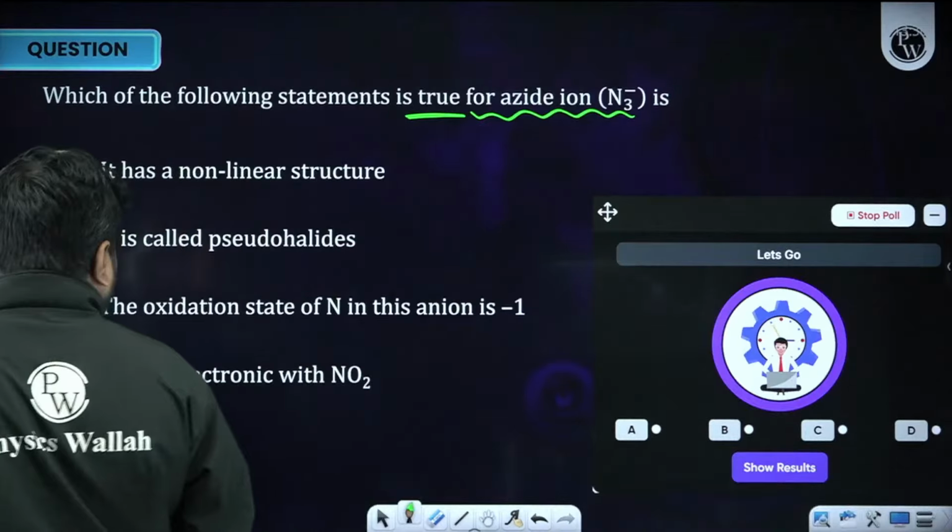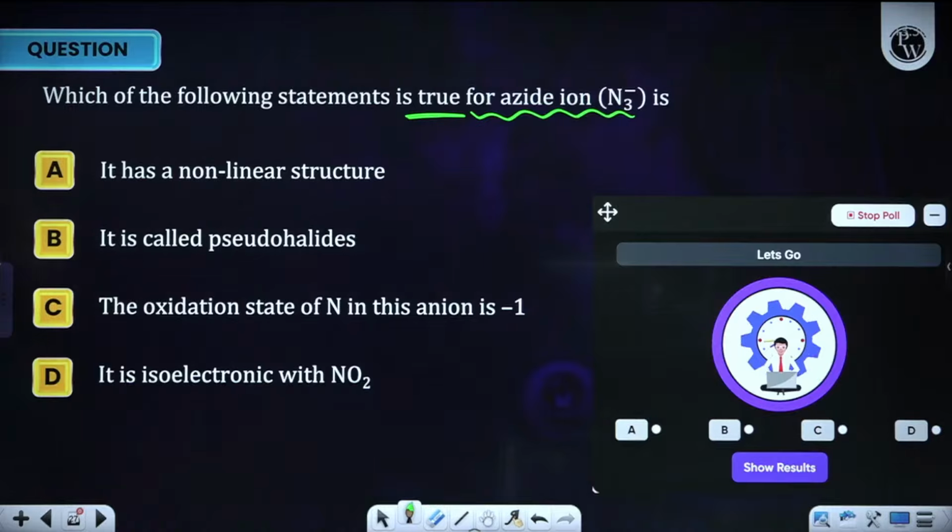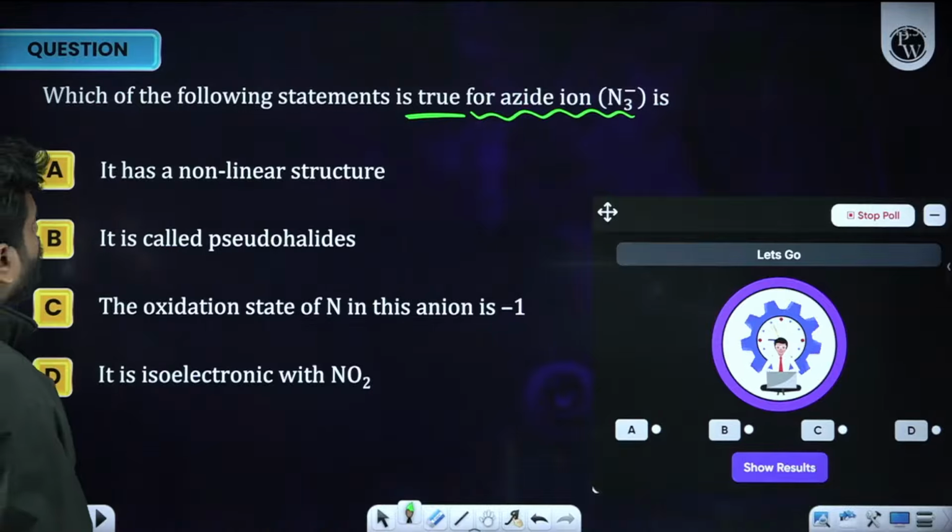The oxidation state of nitrogen in azide ion is -1. First thing, they are asking for the true statement.